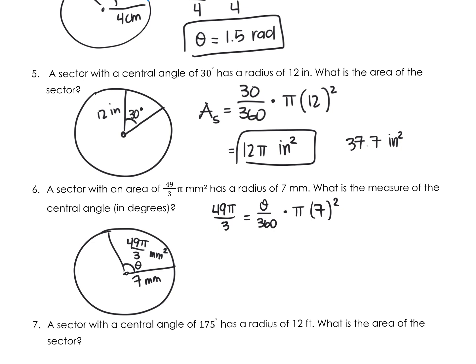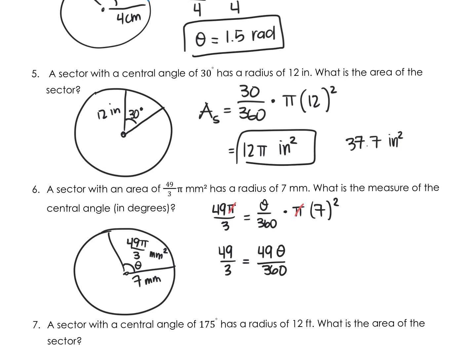The first thing I'm going to do is cancel out the pi, since there's pi on both sides. So I have 49 over 3 equals, and 7 squared is 49, so it's 49 theta over 360.